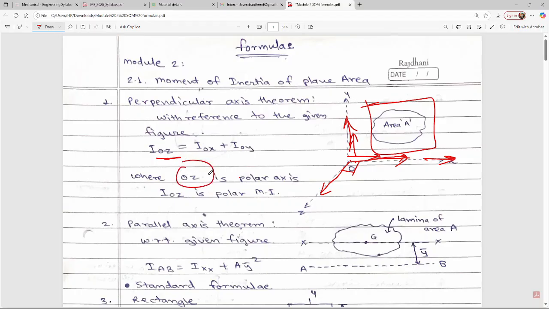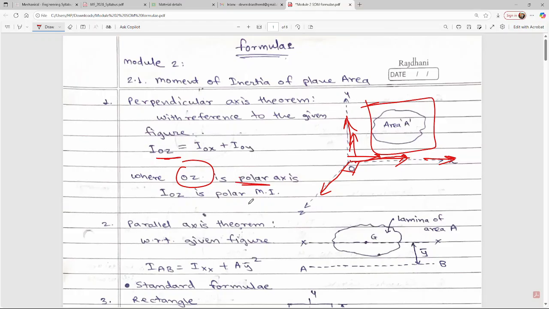So OZ we call it as polar axis, and IOZ means that moment of inertia which is perpendicular to that plane. It's called a polar moment of inertia.